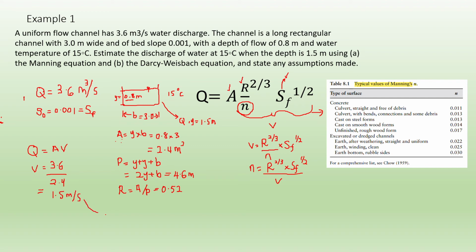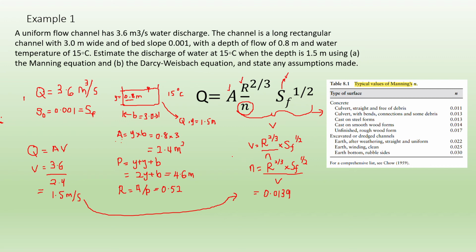We use this value to find N. Then N is equal to, you put all the values here, and you will find N as 0.0139.